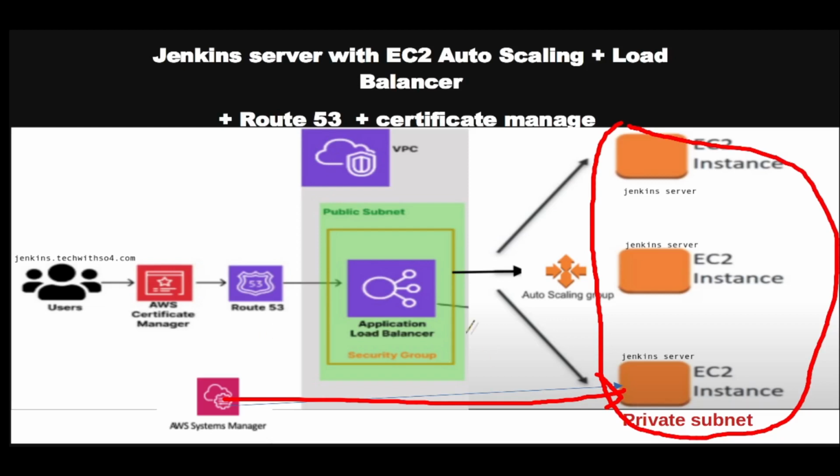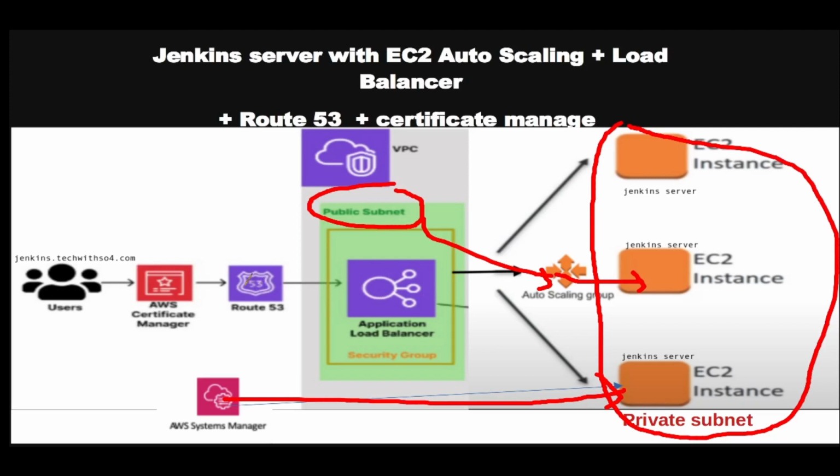At the same time, we will have an auto scaling group which will take care of adjusting the number of running instances of our Jenkins server. And since we want to see the Jenkins server in the browser, we will put a load balancer in a public subnet to point to the EC2 instances so that we can view the Jenkins UI in the browser.